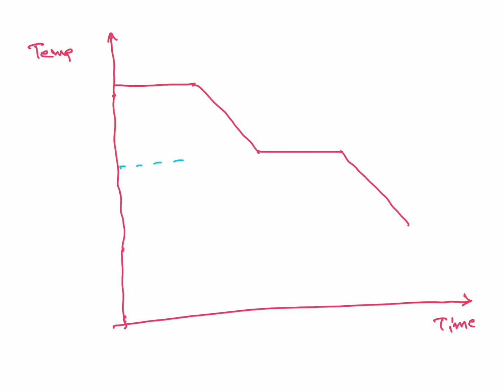Follow temperature versus time graph. 3 temperatures are there. Pouring temperature, then your freezing temperature or solidification temperature or phase change temperature, then your room temperature.